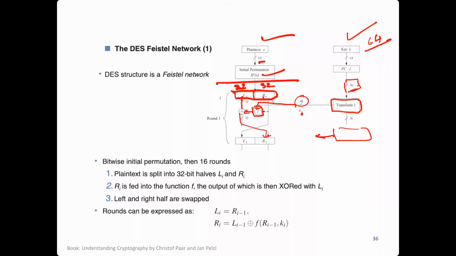So the right 32 bits come here, and the output of this comes there. The question I can ask you now is: which of the two have been encrypted, the left bits or the right bits, in this phase? Anyone? Left.